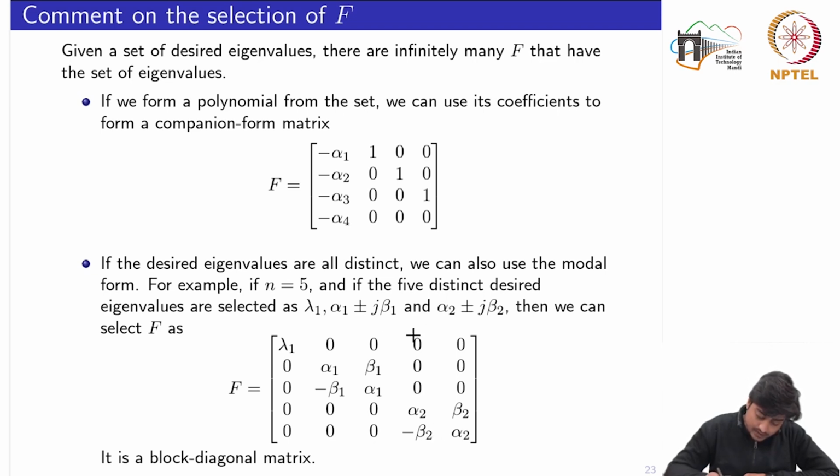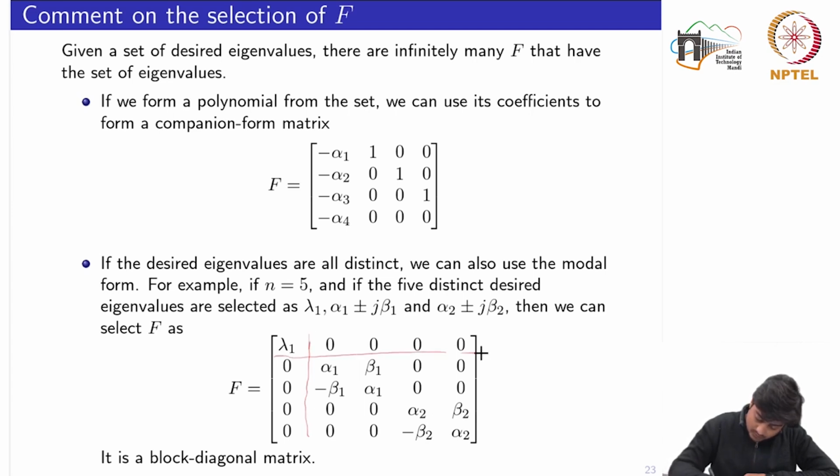Let's say if there are some complex eigenvalues and we want to specify a real matrix, then we can write the complex eigenvalues as this block, and the complex eigenvalues should definitely occur with their conjugate pair. Okay, so here it contains 5 eigenvalues and it is a block diagonal matrix.